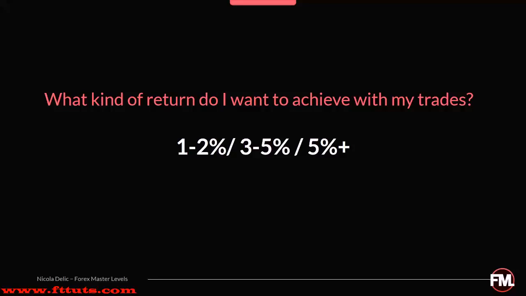So if you are looking to make 5% on your trades, it's much better to try to trade something that really shows some strong momentum right now, compared to trying to trade something that's not moving and then expecting your pair to reach.